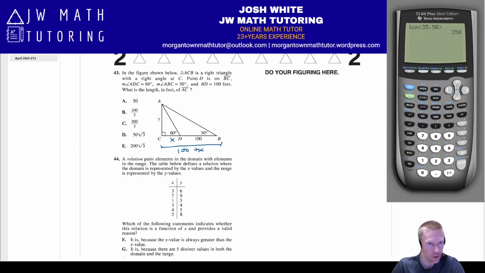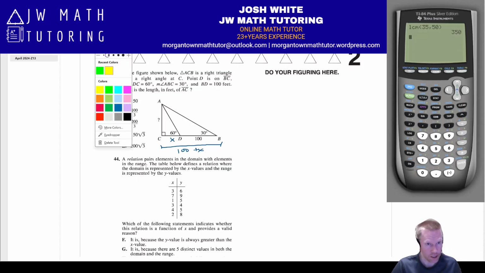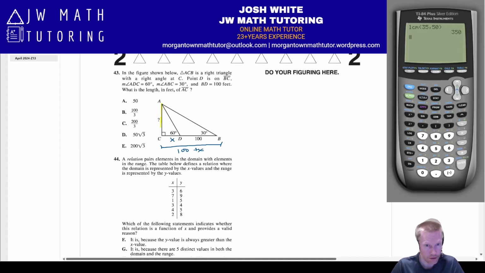And now I'm going to look at the overall large triangle, which is also still a 30, 60, 90 right triangle. So in other words, I'm looking at ACB here. This side right here is across from this angle up here, which will be 60 degrees. Again, 90 and 30 is 120, subtract that from 180, this has to be 60.